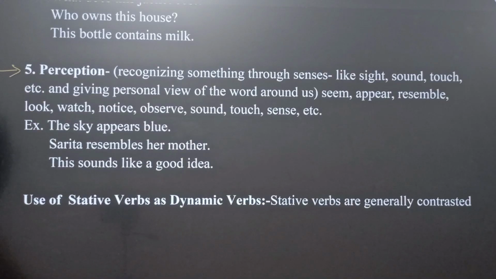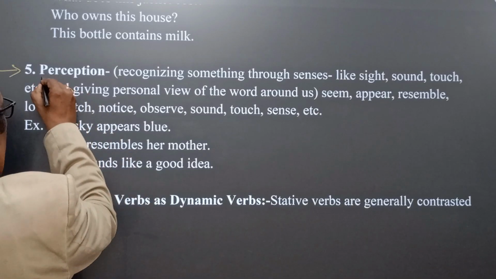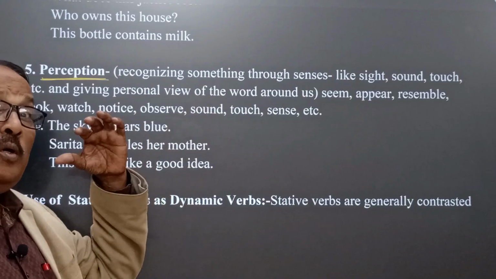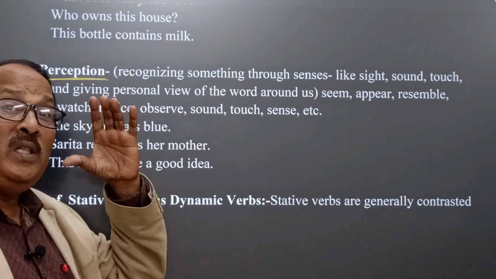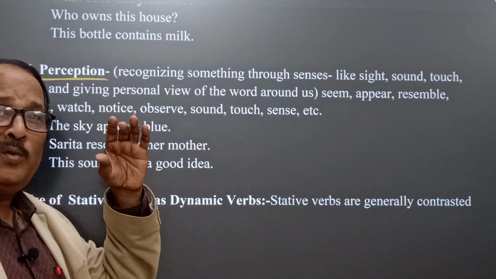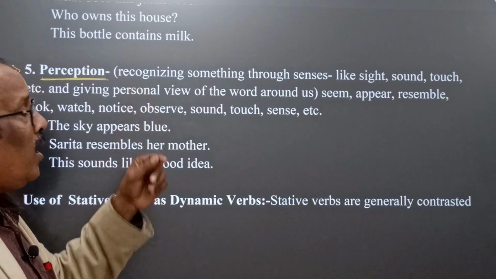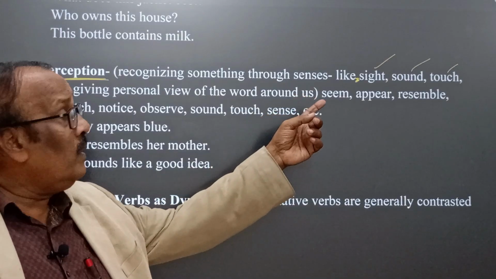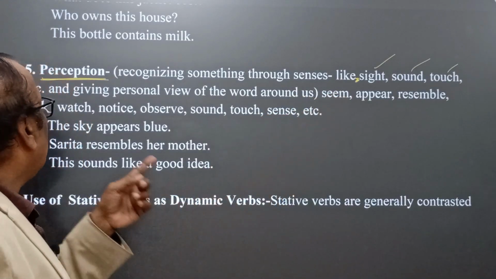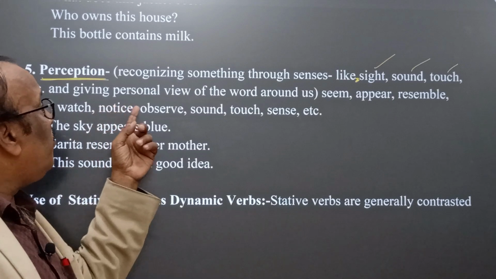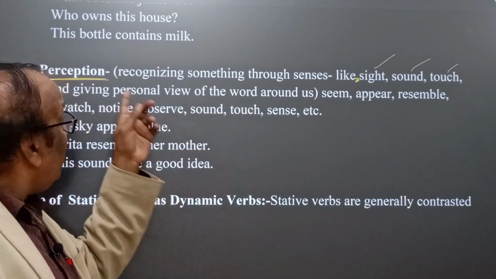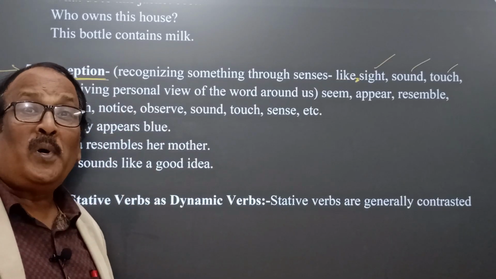Now come to point 5, perception. Perception means recognizing something through senses. It means with the help of our 5 sense organs, whenever we recognize something through senses like sight, sound, touch, etc., and giving personal views of the world around us. In that case, that is what we call perception.